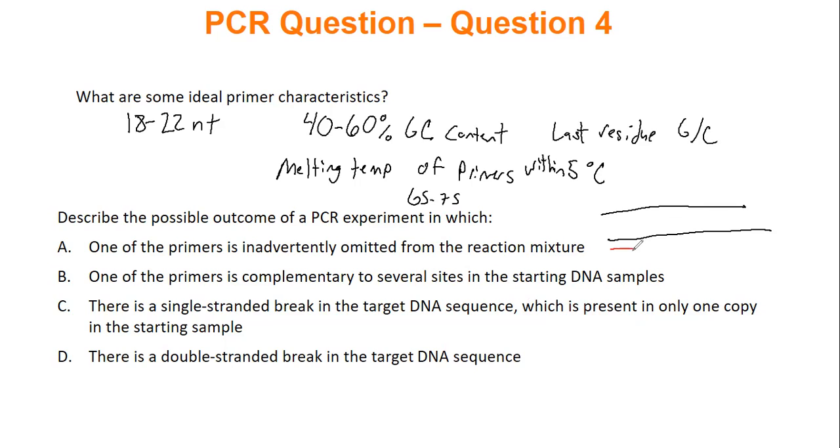What is the outcome of doing PCR with only adding 1 primer? What will happen during my experiment if I don't add both primers?